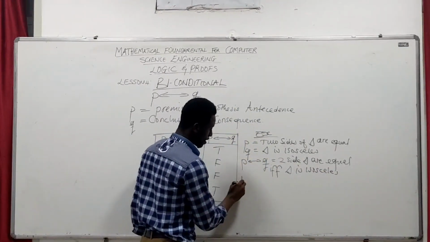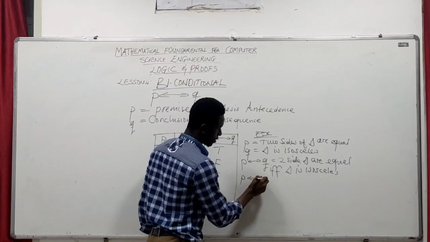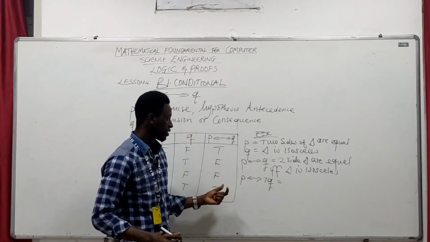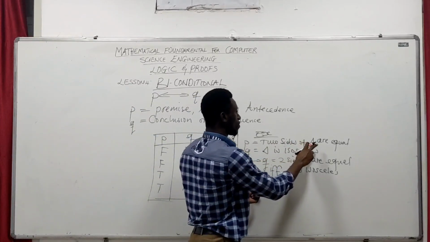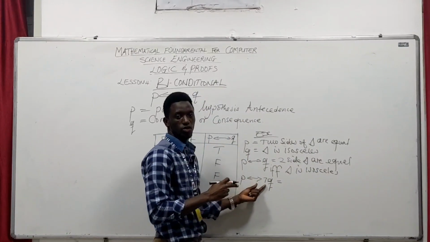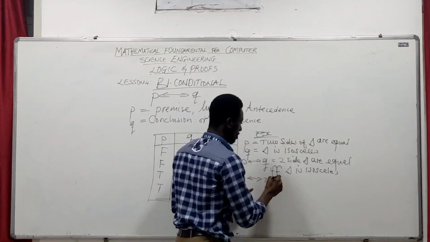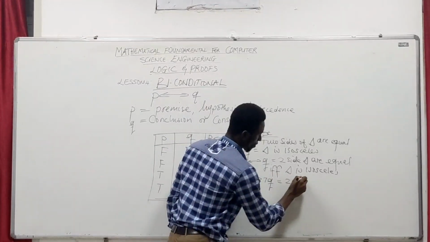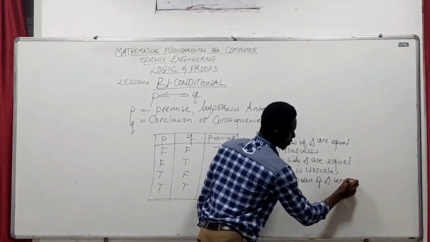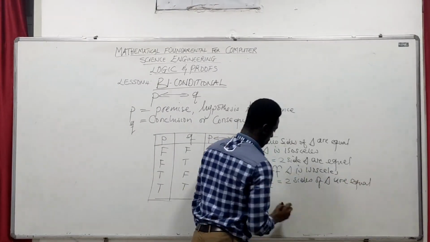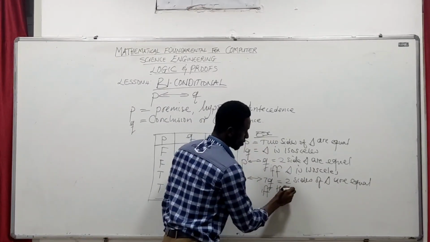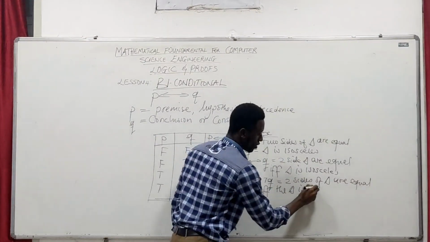Suppose you say P double implies negation Q. For this type of statement, you can say the two sides of a triangle are equal if and only if the triangle is not isosceles.